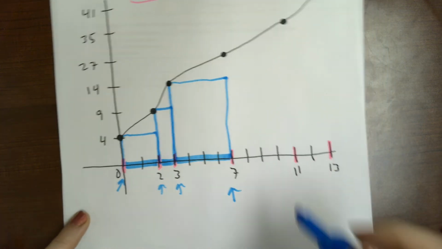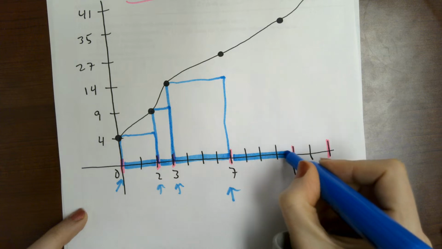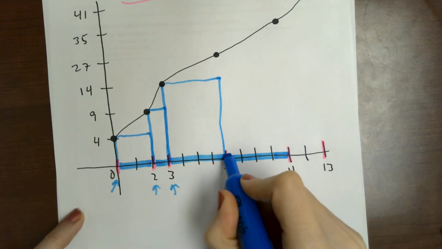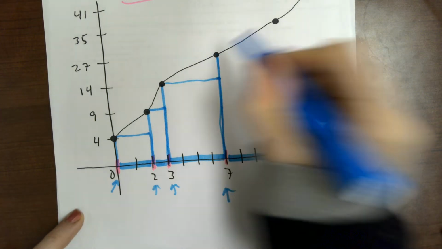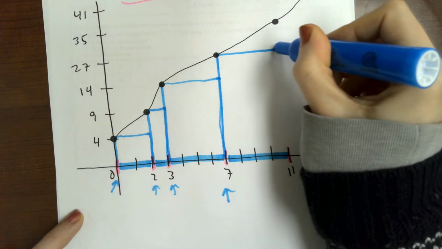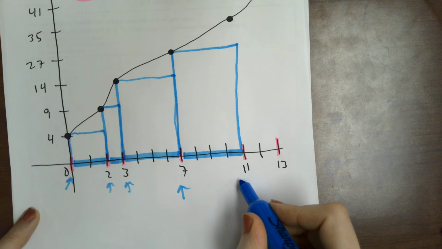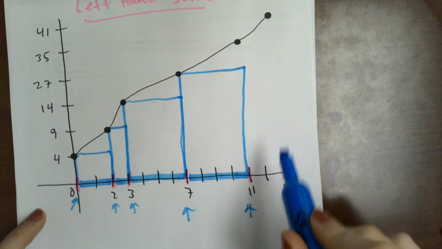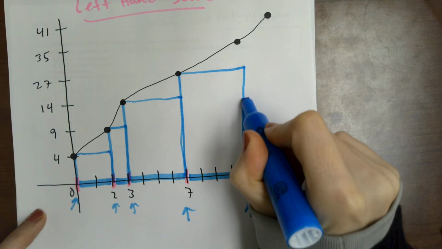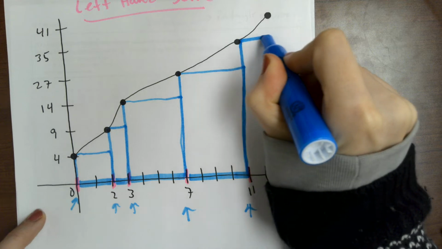All right, left endpoint again. We're using this, that's the next subinterval. Up to there. That's the final left endpoint because we're on the final subinterval.